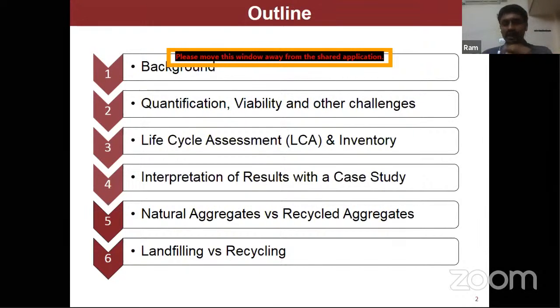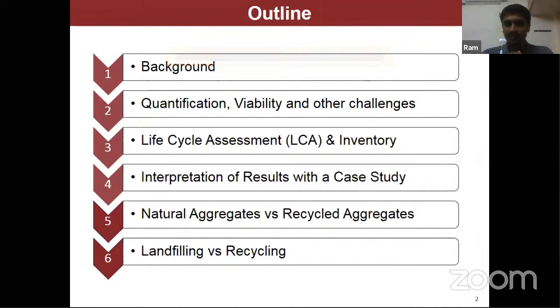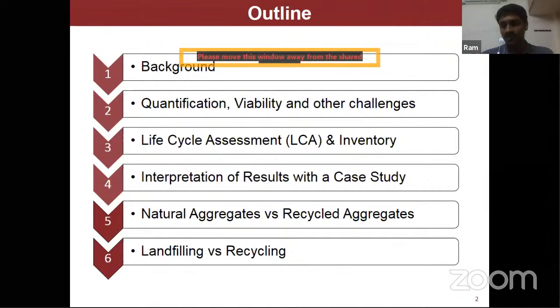Then I'll give the rationale for the need for life cycle assessment and the inventory data that we have collected. Then the interpretation of results will be illustrated with a case study in two lenses. The first lens is the comparison of natural aggregates versus recycled aggregates. And the second lens is landfilling as a practice versus recycling as a practice.